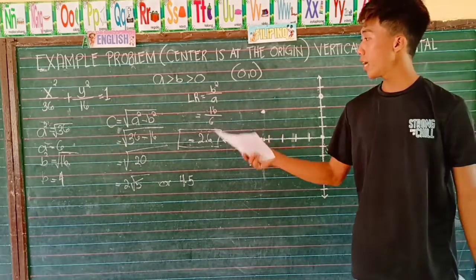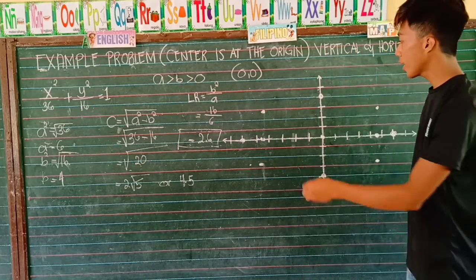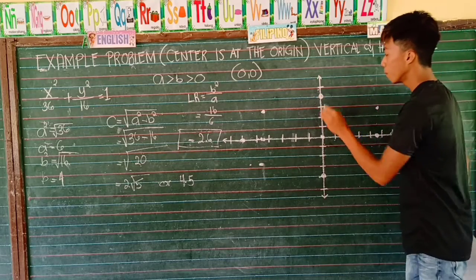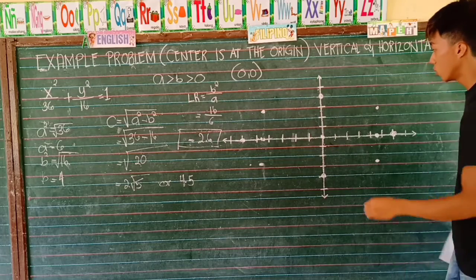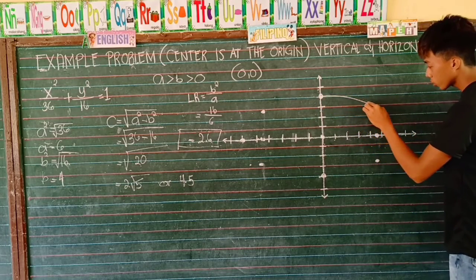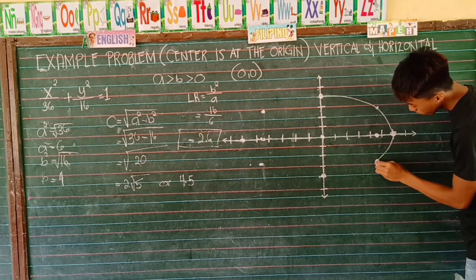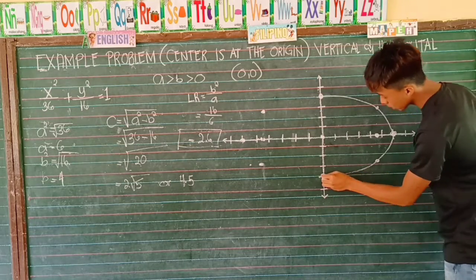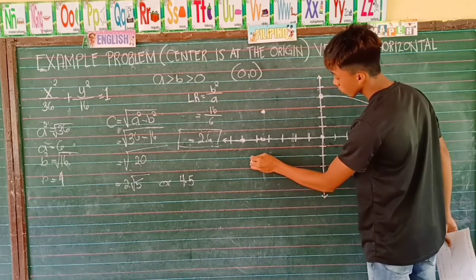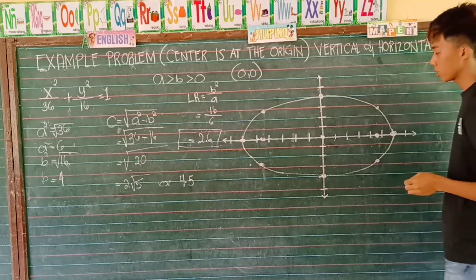Since we have found the values of a, b, c, and our latus rectum, let's plot our ellipse. From our co-vertices, vertex, to the latus rectum, vertex, latus rectum, to our co-vertex, latus rectum, vertex, latus rectum, and co-vertex.